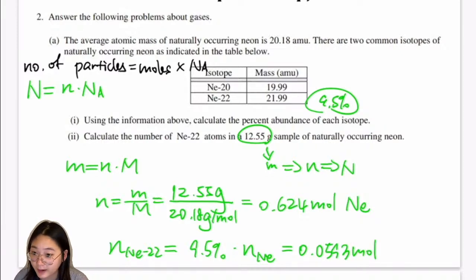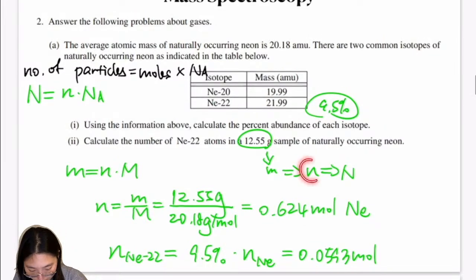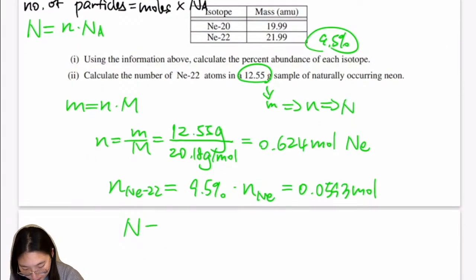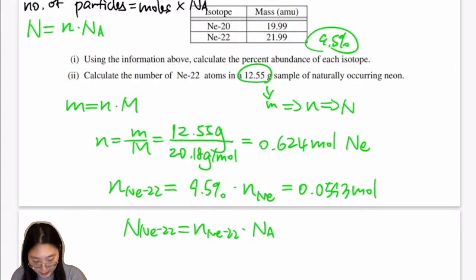And next, finally, we can do the conversion between the number of moles and the number of particles. We know that the number of atoms of neon-22 is equal to moles multiplied by Avogadro's number NA.